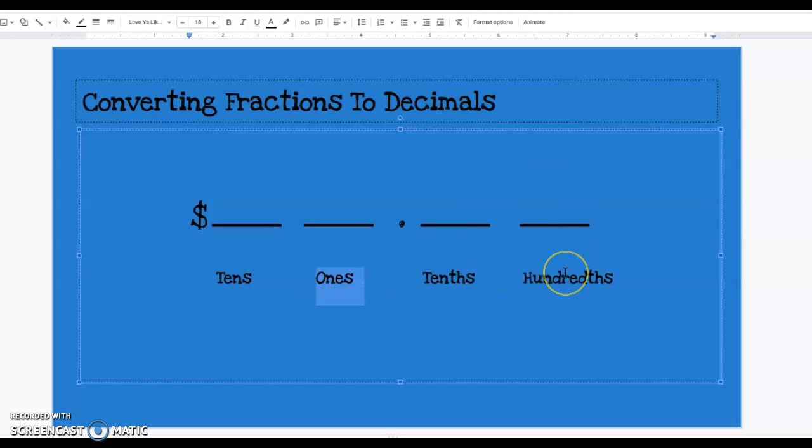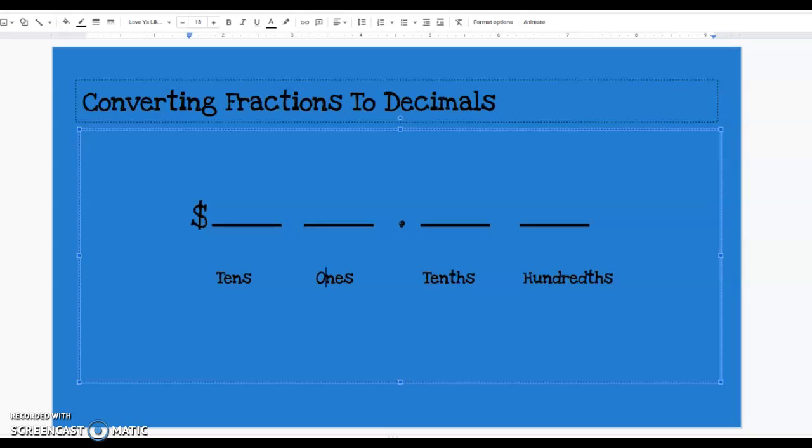The second digit to the right of the decimal point is hundredths. I can see that word hundred in there, so I know I need 100 hundredths to make a whole. A decimal point and any number to the right of it means it's less than a whole. It's less than $1. So that's why we use cents to represent different amounts.